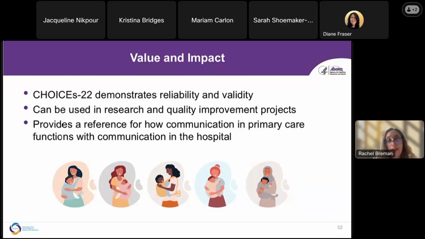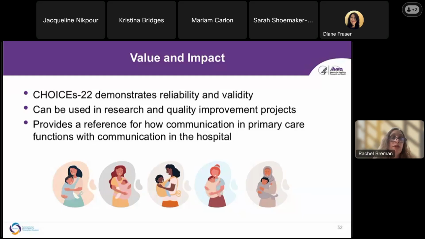And right now, Ariadne Labs, if you've heard of Team Birth, they are using this in their projects in hospitals in Texas, as well as the one hospital that they're working with here in Maryland.